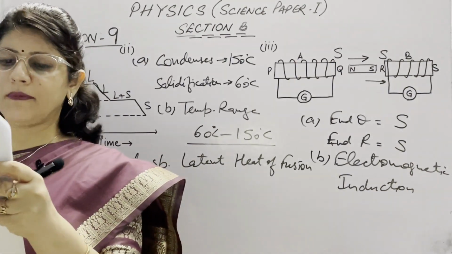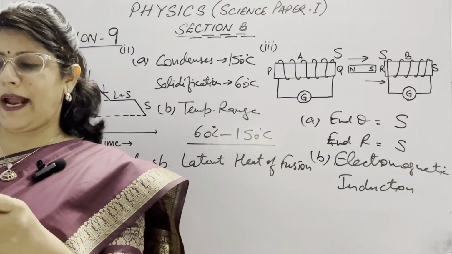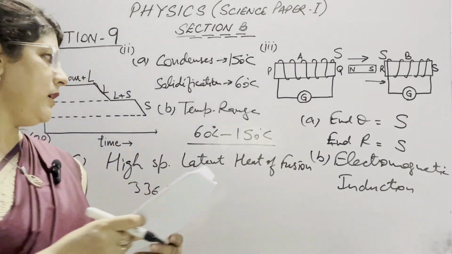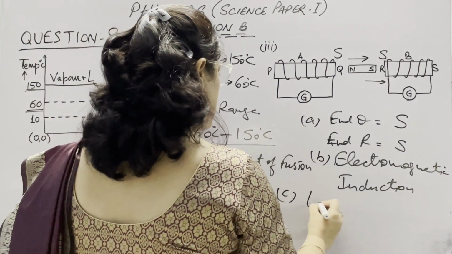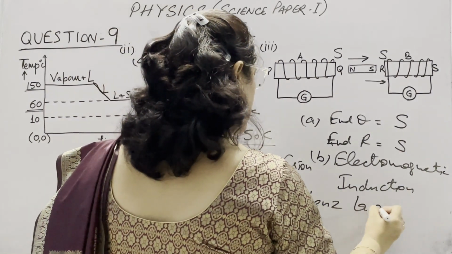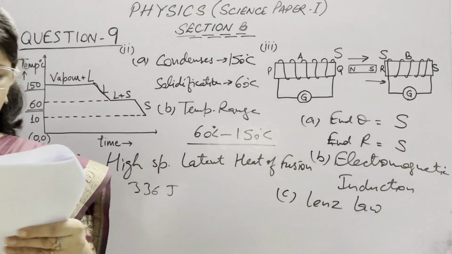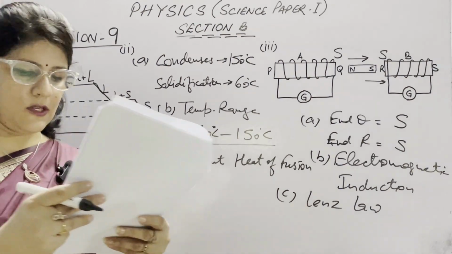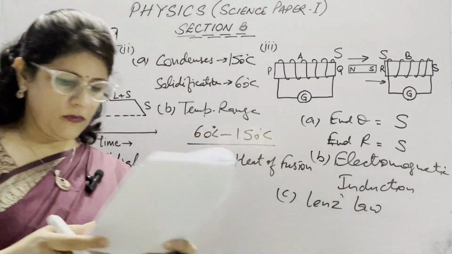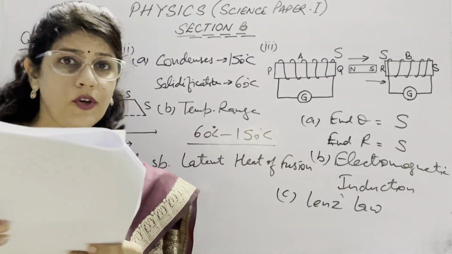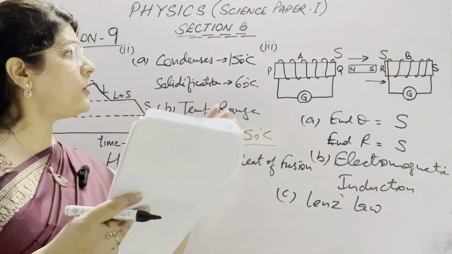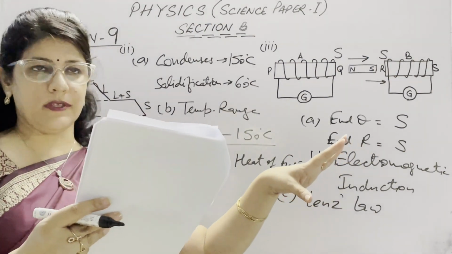In C part, name the law which helps to find the polarity at the ends Q and R. We know the answer is Lenz's law. We can also use Fleming's right hand rule, but here I am using Lenz's law, according to which the direction of induced EMF is such that it opposes the cause which produces it.